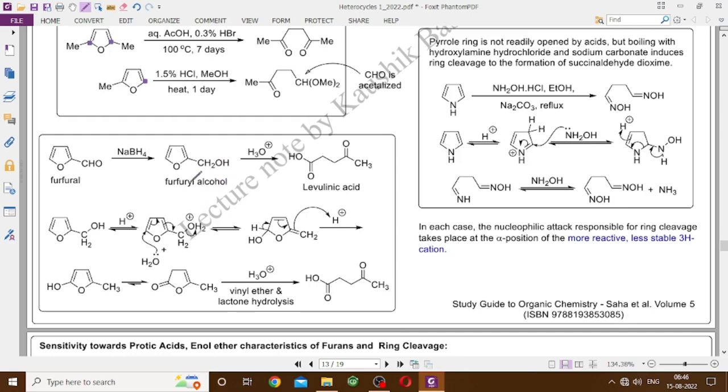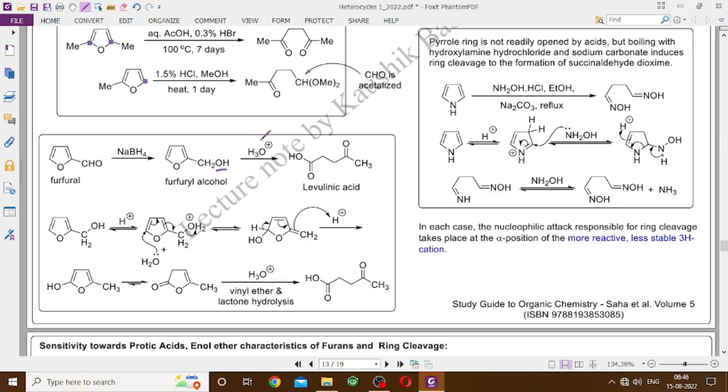Now, furfuryl alcohol, as you can probably tell, is very susceptible to acid because this OH can be protonated and it can leave, giving rise to a so-called primary cation. But that's not exactly primary because this oxygen lone pair will support it. This oxygen lone pair will assist in the departure of this OH to give you a resonance-stabilized oxocarbenium ion.